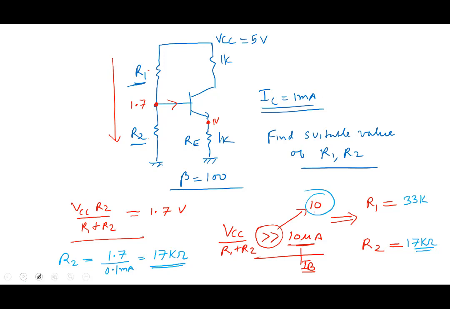So for this circuit then, we put here 33K and we put here 17K.